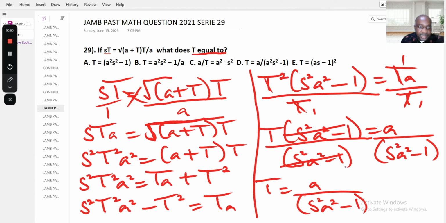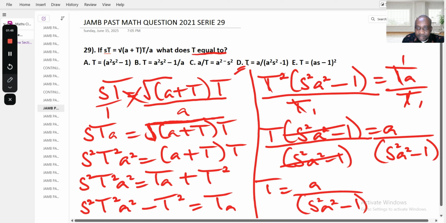This is our final answer. Do we have this here? A is not the option, B is not the option, C is not the option, D is our final answer. Final answer is what? D.